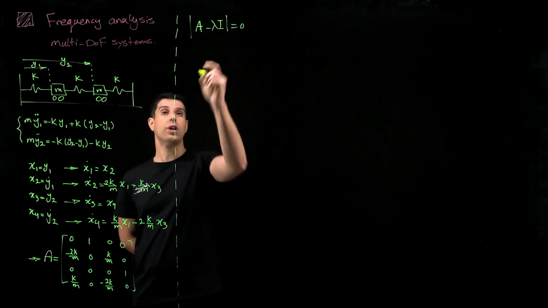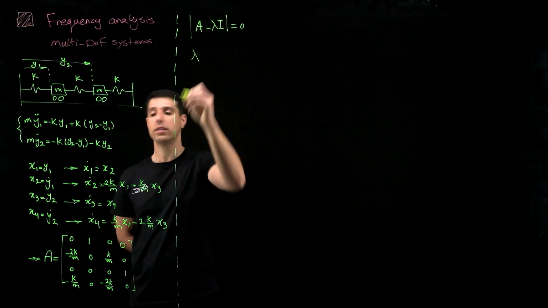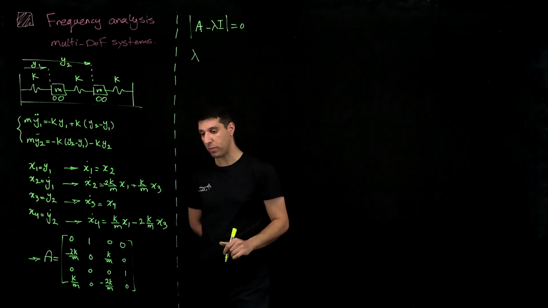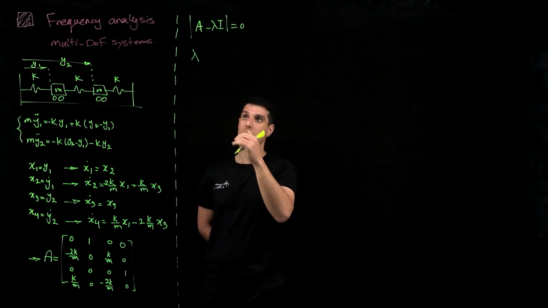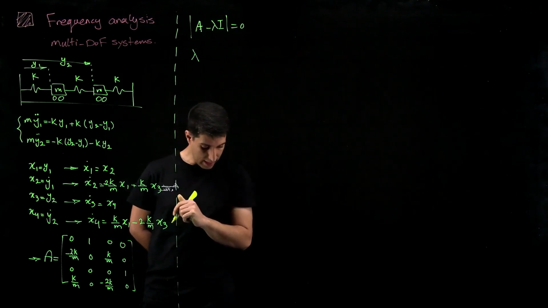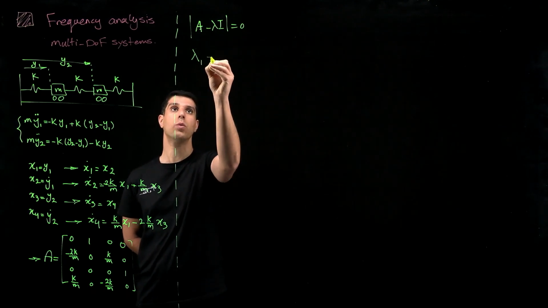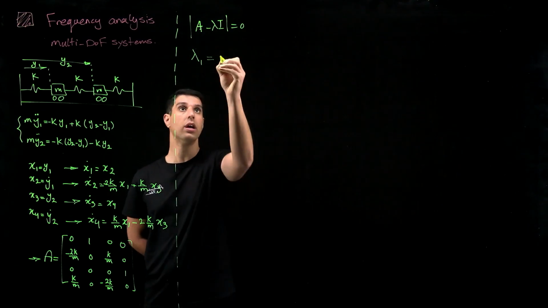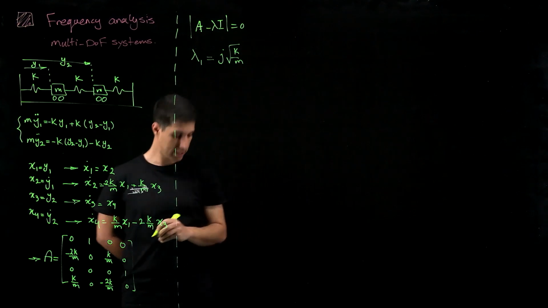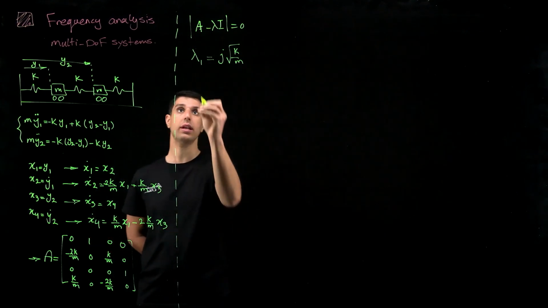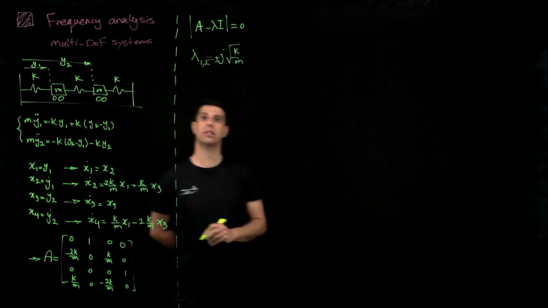But if you solve for the eigenvalues, it is going to turn out. This is a 4 by 4 matrix, so we'll have 4 eigenvalues and 4 eigenvectors. And as it turns out, there will be complex conjugate pairs. So lambda 1 is going to be j square root of k over m, and lambda 1 and 2 are the complex conjugate pairs.